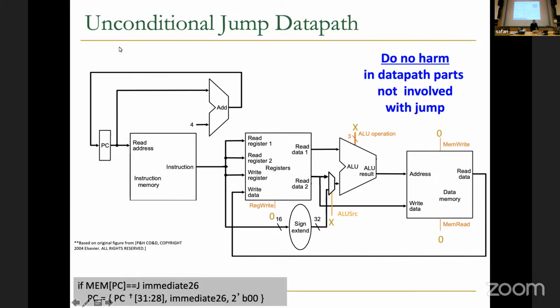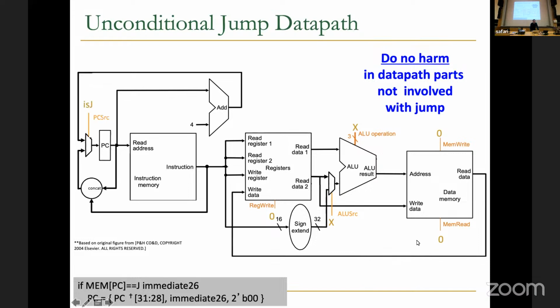Okay, so a jump is really involved over here, at least this type of jump, because we're going to look at conditional branches later. That's going to involve the ALU. Okay, this is what we do basically. We take some instruction bits coming from the instruction memory. This is the program counter. We read the instruction. We take the bottom 26 bits, concatenate it with the program counter's top 4 bits, and set the bottom 2 bits to zeros, and then supply it to the program counter.